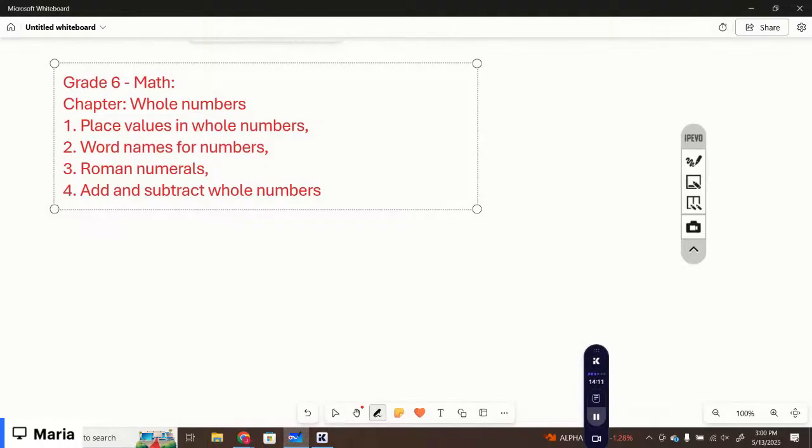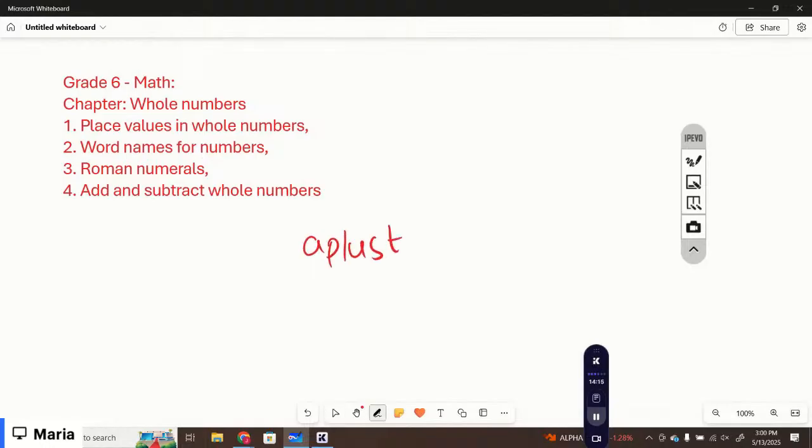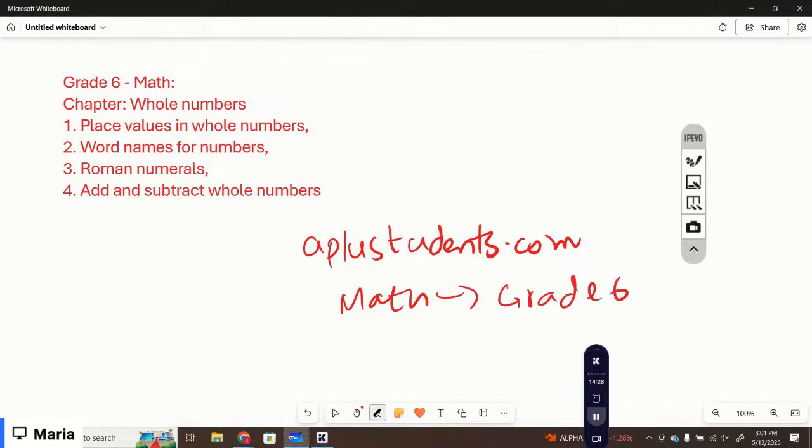You have to log in there using your email address and password provided by the administrator. Then you have to select math from the subject tab, scroll down to grade 6 math, and then click on view all lessons. There you can find a list of the chapters.